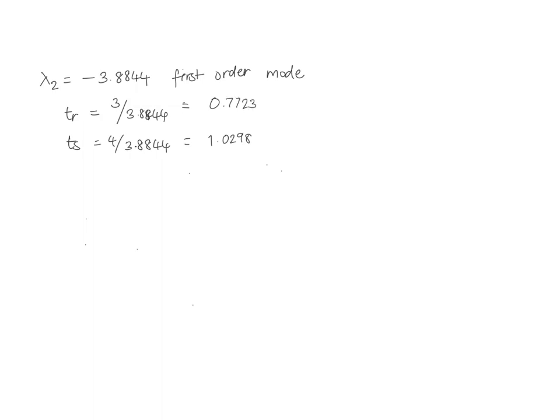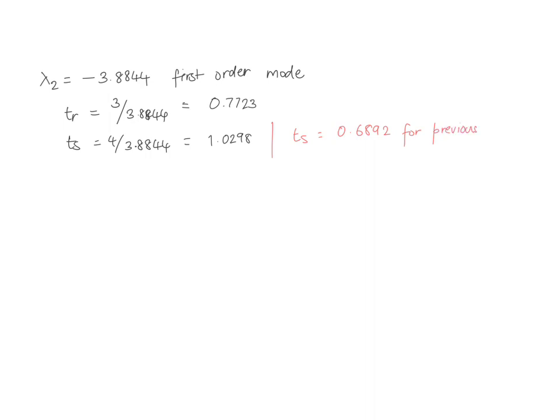Now, let's draw a bit of a comparative picture between this mode and the previous one. Remember, for the previous one, we got the settling time as 0.6892, which is also a first order mode.